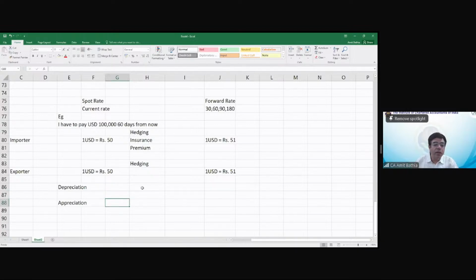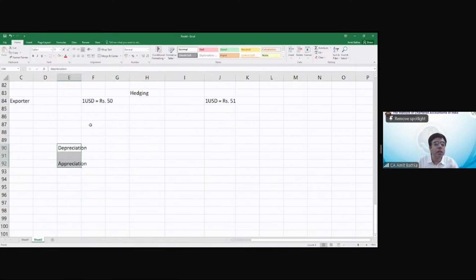Say for example, INR, so I have the original rate over here, and the ending value rate.